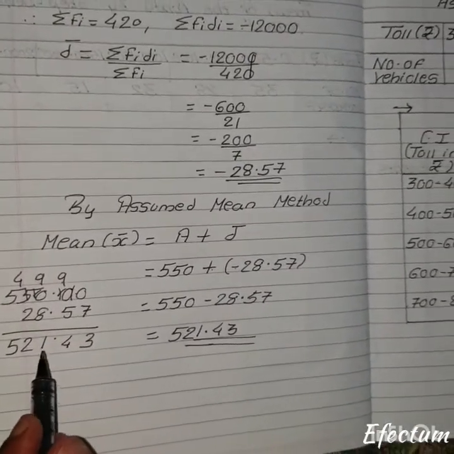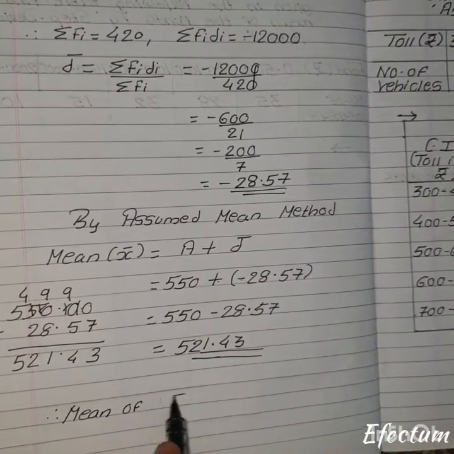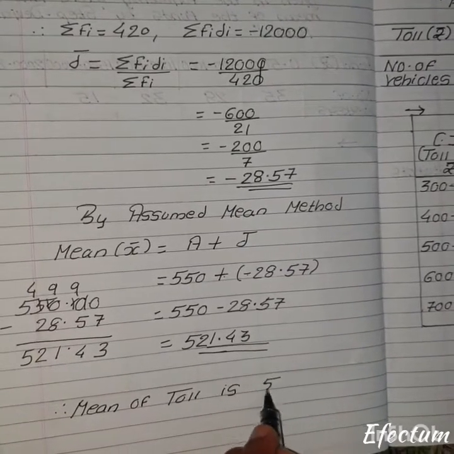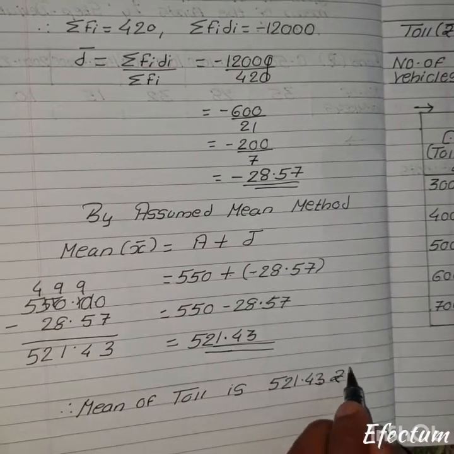What is the final answer? The mean of toll is 521.43 rupees.